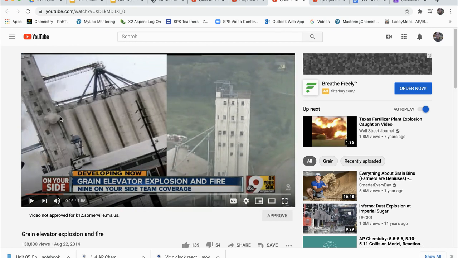So you can see if it happens inside an enclosed building, you can get an explosion as the fireball explodes inside, builds up pressure, and then causes the elevator to break open.